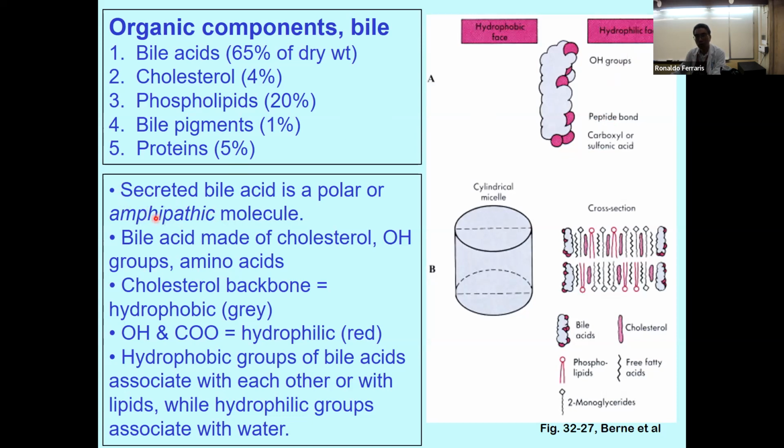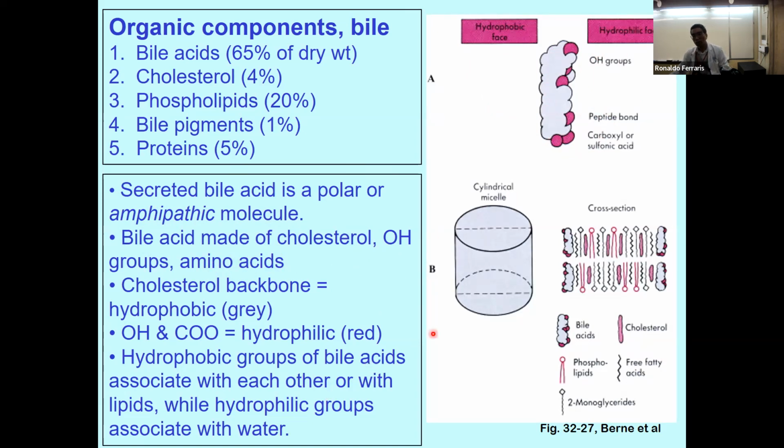It has one side highly charged, the other relatively hydrophobic. And so this bile acid is made, I don't have time to show you how they're made, but they're made up from cholesterol, to which hydroxyl groups and amino acid groups are added. And the cholesterol is their backbone.